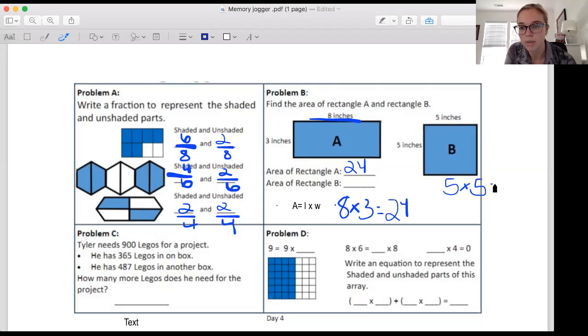I can count by 5s, 5 times, 5, 10, 15, 20, 25. I know that 5 times 5 is 25. Also, when we're doing these, it's very important to add whatever the unit is. In both of these, it is inches. So I can just abbreviate that with IN period for both of those.